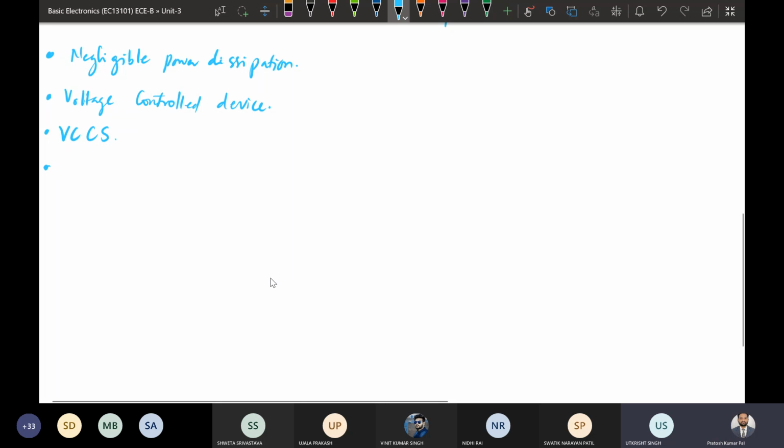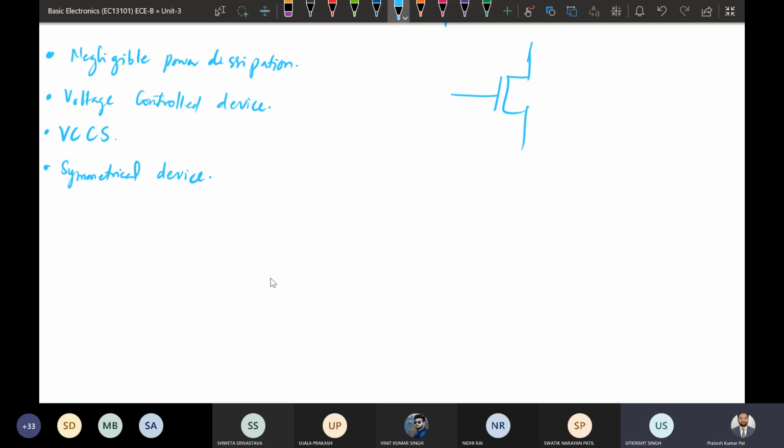Similar to JFET, it is also a symmetrical device. Symmetrical device means it has four terminals. If you're talking about the symbol, there are different types of symbols in the case of MOSFETs.